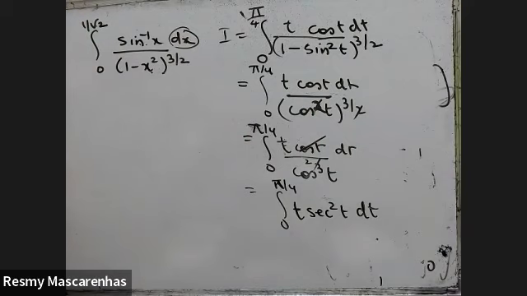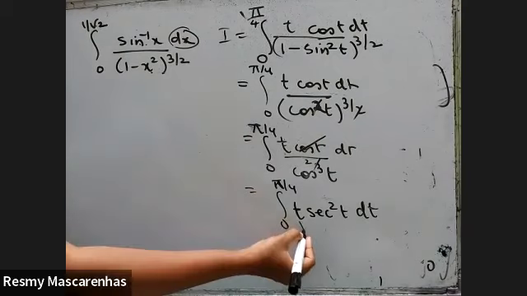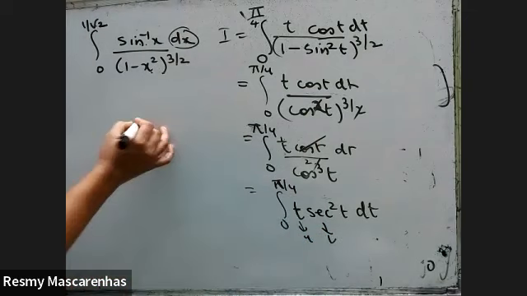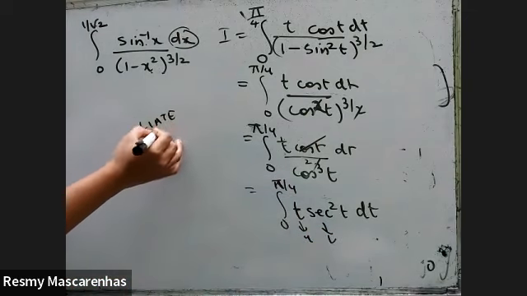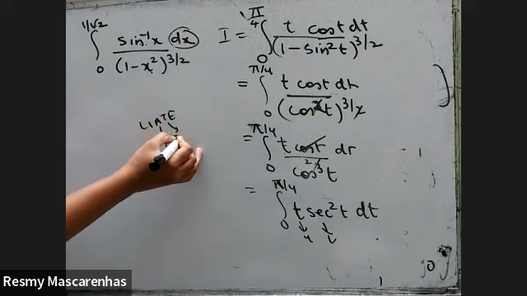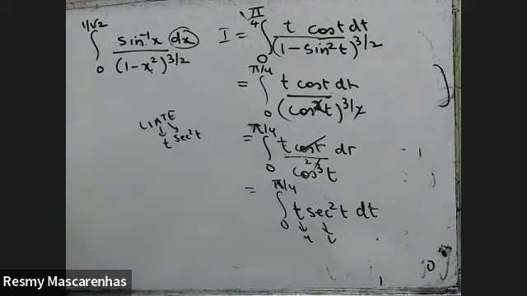If you notice now, there are two terms. This will be u, this will be v. Just check, t is an algebraic function and sec square t is a trigonometric function. So it is in the correct order. Apply u into v rule.